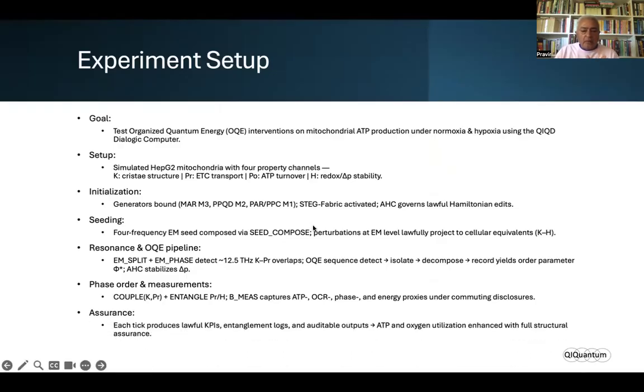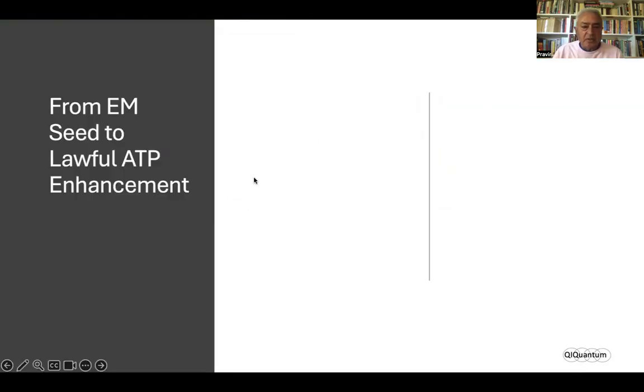And the point is that this is all assurance-based, so it's not stochastic. There's, in this point of view, a coordinated set of quantum dynamics initiated through a cocktail of electromagnetic frequencies that lawfully influence ATP production. And that's basically what the simulation is trying to show using the QIQD Dialogic Computer.